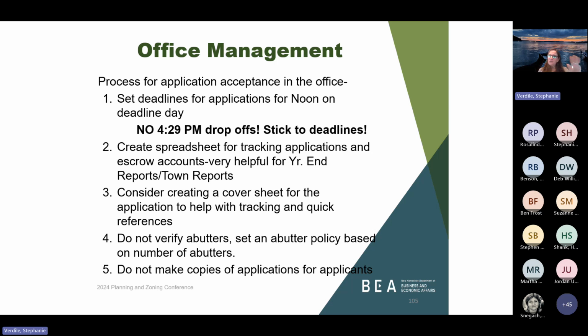So the applicant should be the one preparing their application and not relying on town staff to take their time to make copies for them. You're missing one copy. Hey, can you copy this for me? One sheet of paper, that's fine. But don't make the additional copies for the applicant. That's really not appropriate for the town to be doing. It's a lot of resources for the town when that's the responsibility of the applicant, because that's what your regulations would say. If the regulations say you have to submit 12 copies of an application, then that's on the applicant to do.